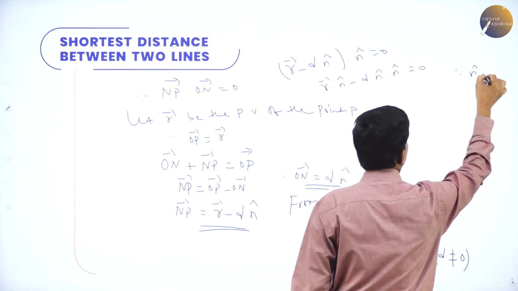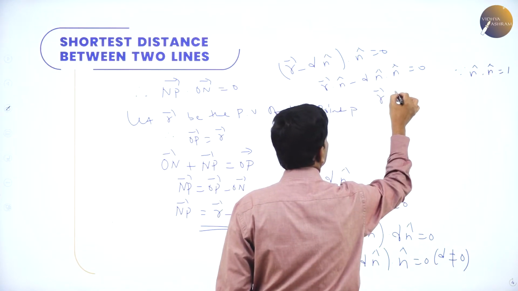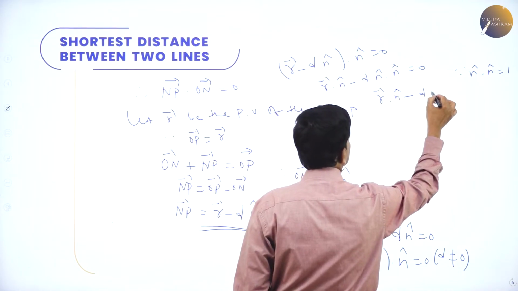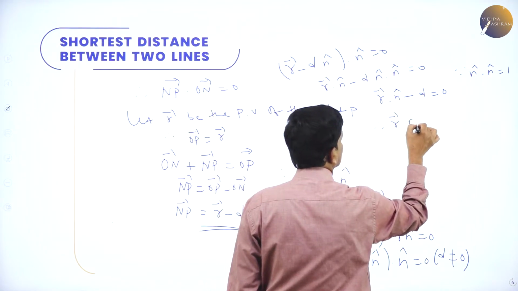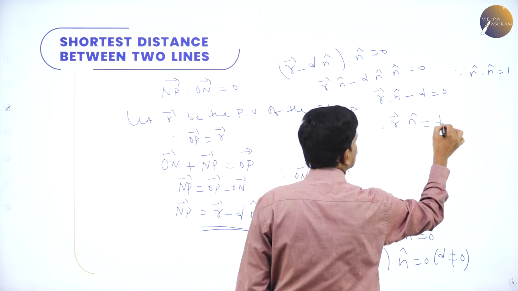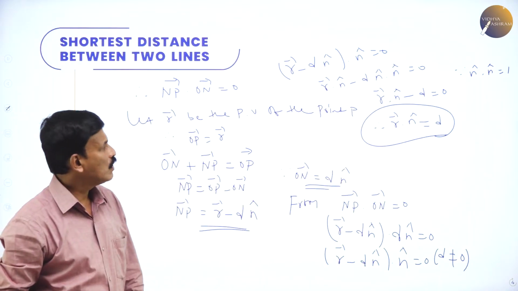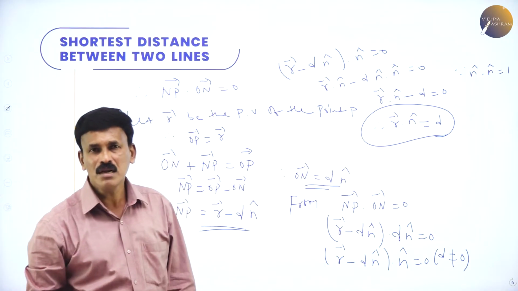Since N cap dot N cap is 1, R dot N cap minus D is equal to 0. Therefore, vector R dot N cap is equal to D is the equation of the plane in the normal form.